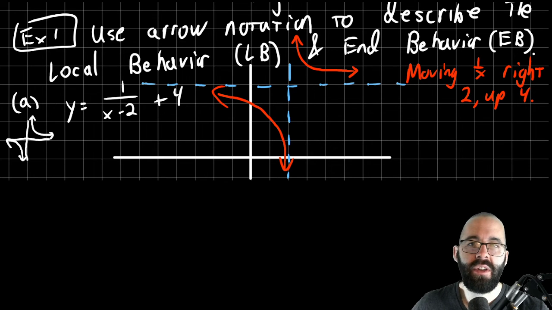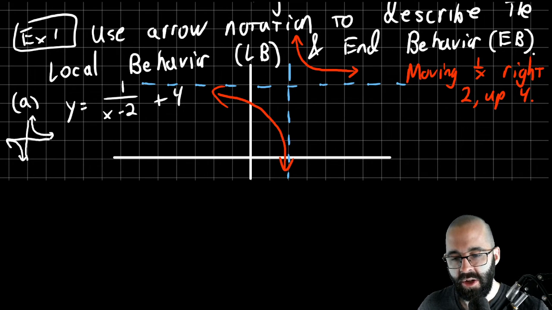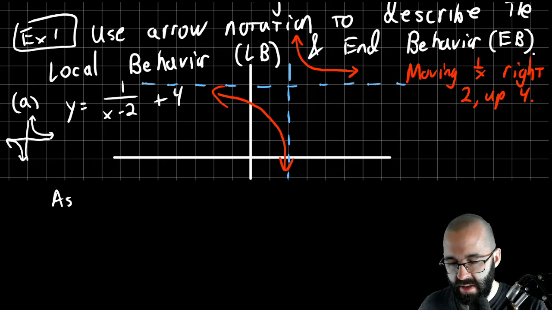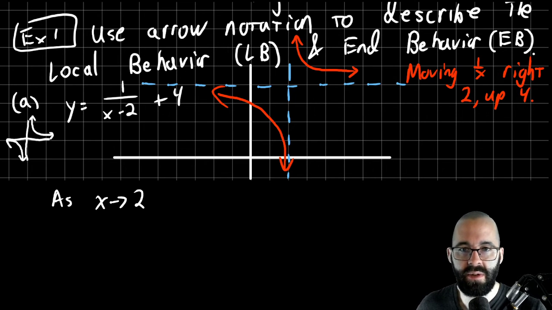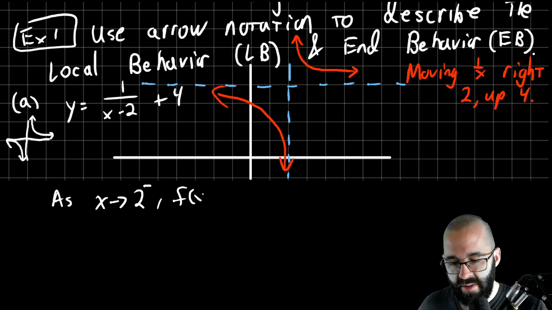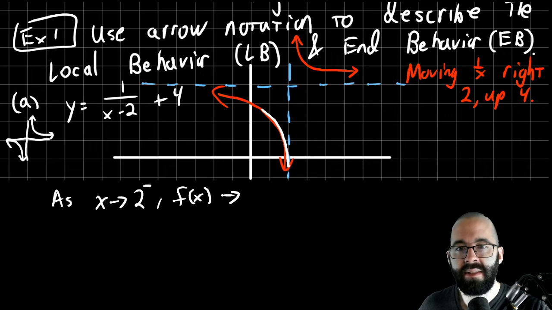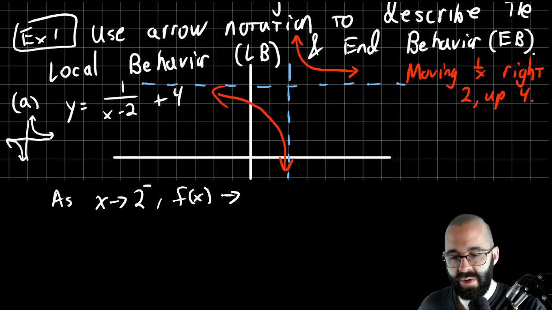Let's start with the local behavior. Local behavior means, for purposes of this section, what's happening around that vertical asymptote. As x approaches our vertical asymptote, which is at x equals 2, from the left, what's happening to the function? Well, this function's going downtown, off to negative infinity.